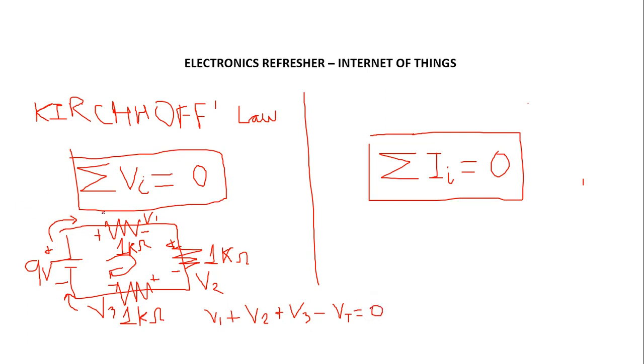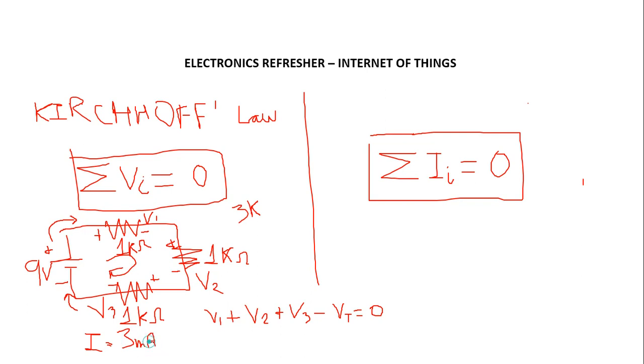So summing all these resistors, we have 1k plus 1k plus 1k is 3k, the total resistor, and using Ohm's law we have that the current is going to be equal to 3 milliamps.